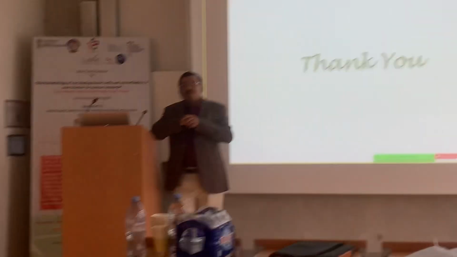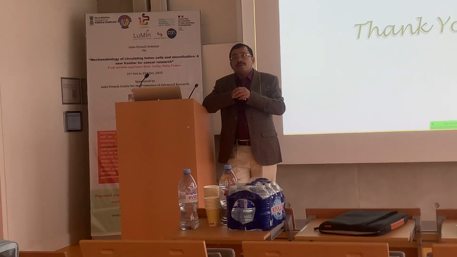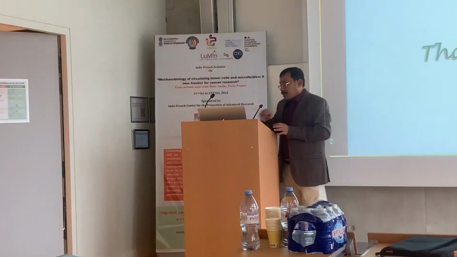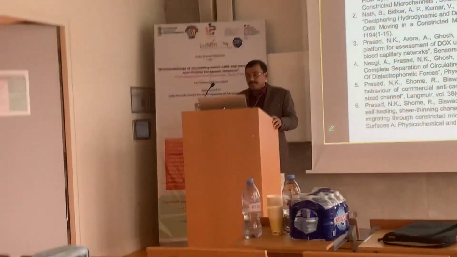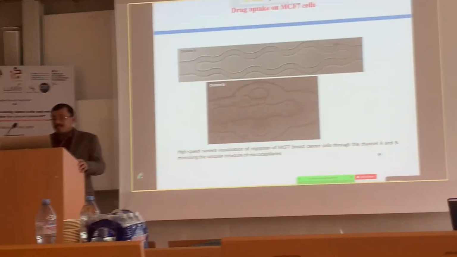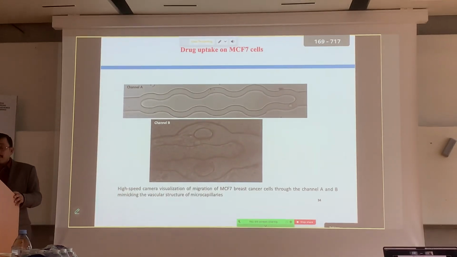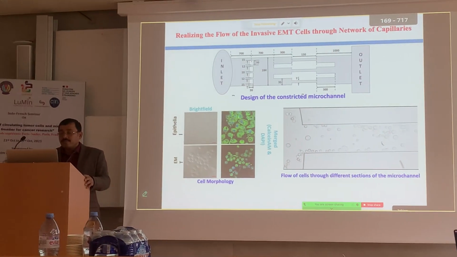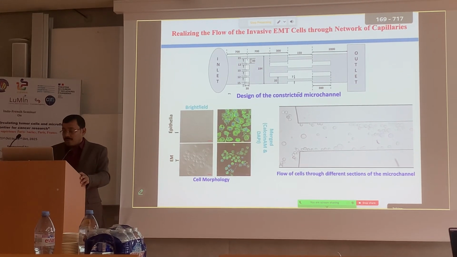I may have missed it, it's just to understand the aspect ratio of small capillaries. What is the thickness of the chip? The height of the channel? It is a square channel, of 7 micron by 7 micron. So they come from like 100 micron height to 7 micron height, right? So it's not only squeezing one dimension, it's squeezing two dimensions.